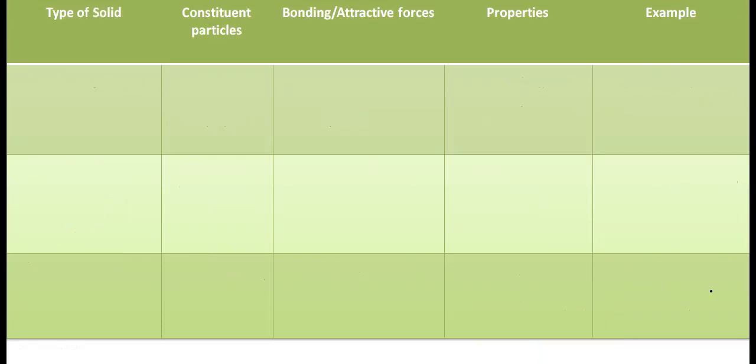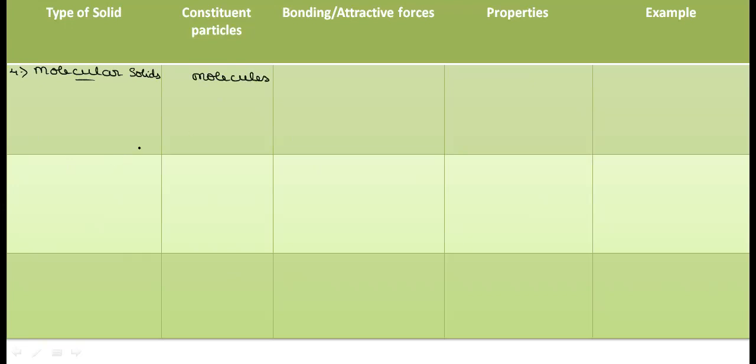Now we'll move on to the next, the fourth one, a very important one, which has three important types in it: molecular solids. As the name indicates, the molecules act as the constituent particles.